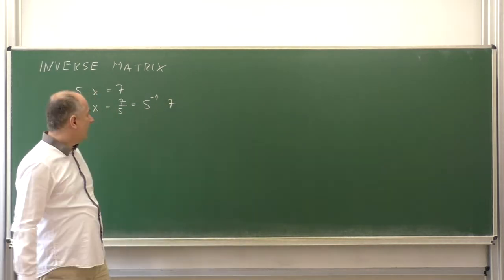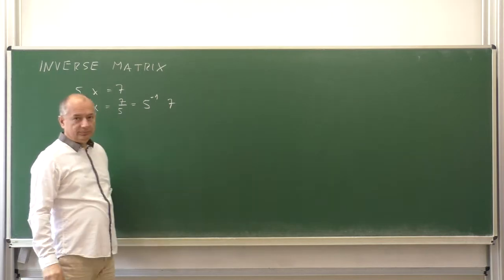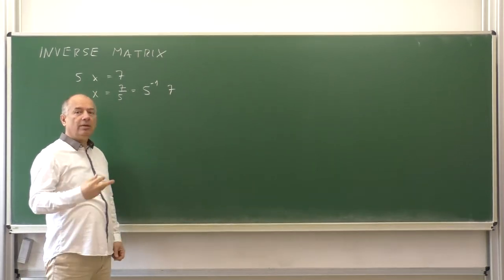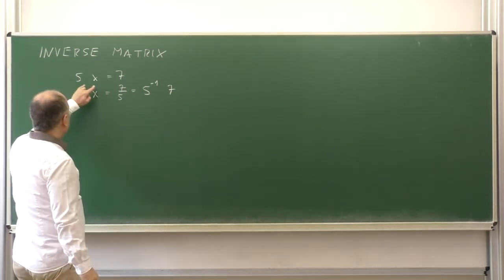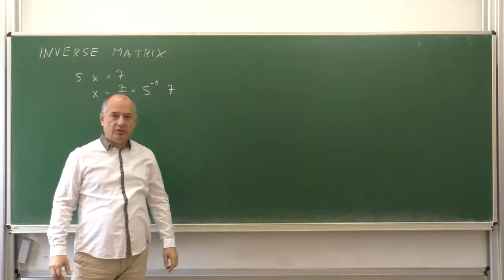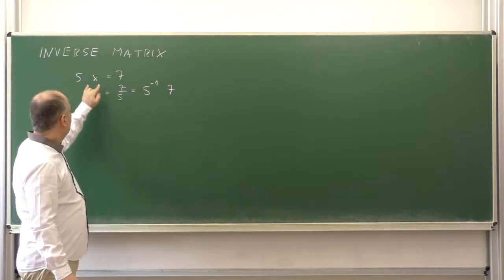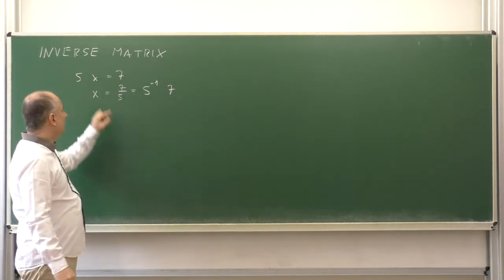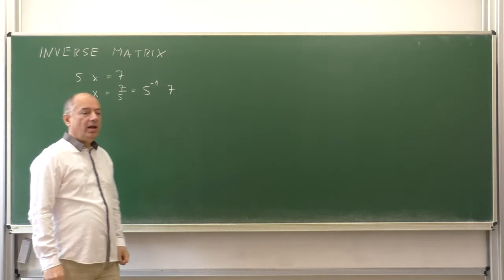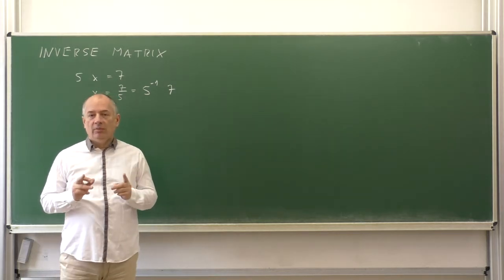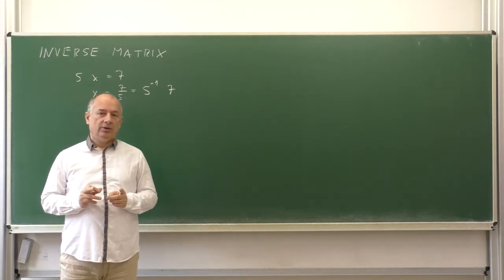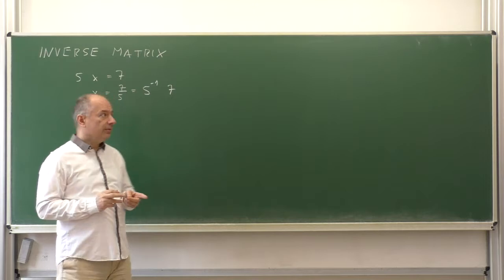Absolutely clear. And this notation can be used even for a more complicated case. If we have a system of equations where we have more than one unknown and more than one equation, and we have the same number of equations as the number of unknowns.